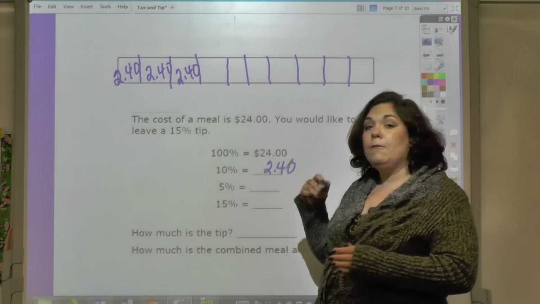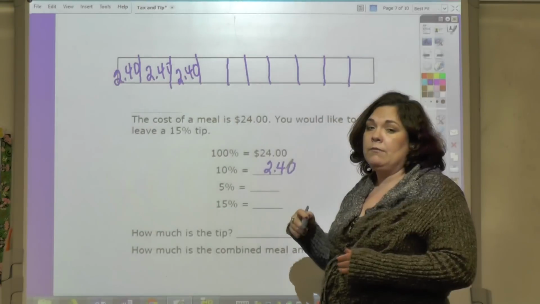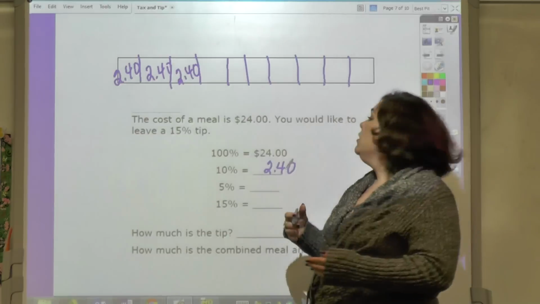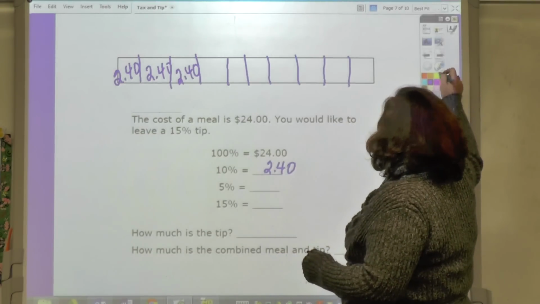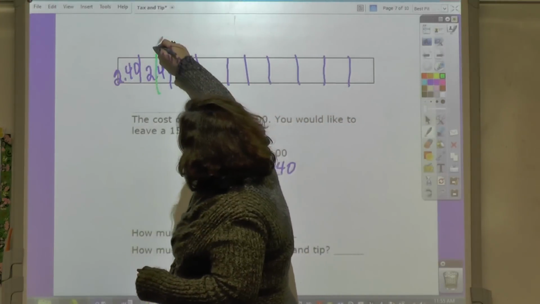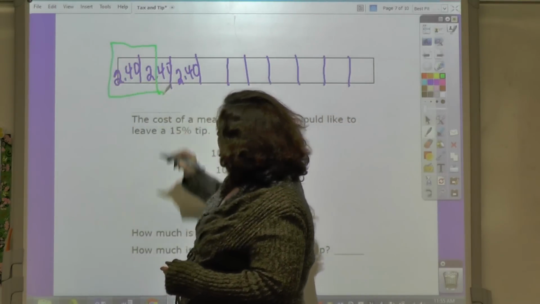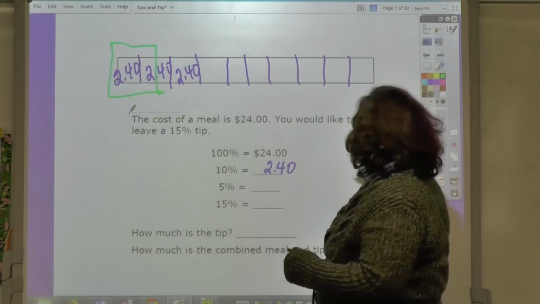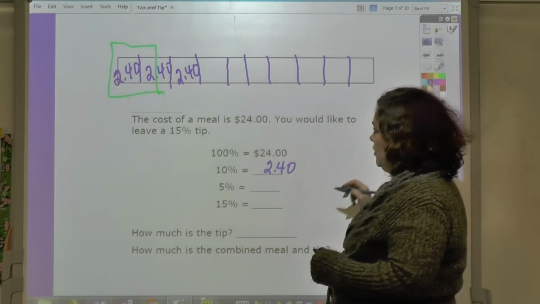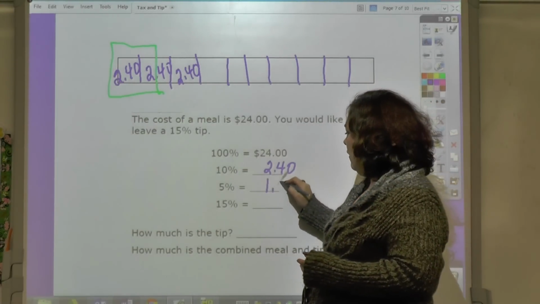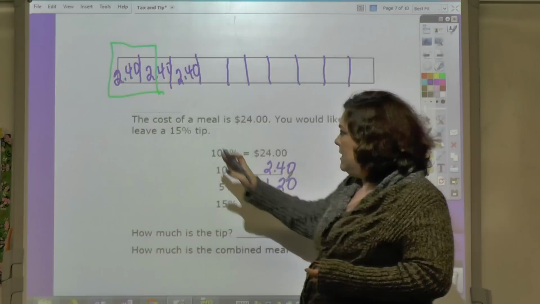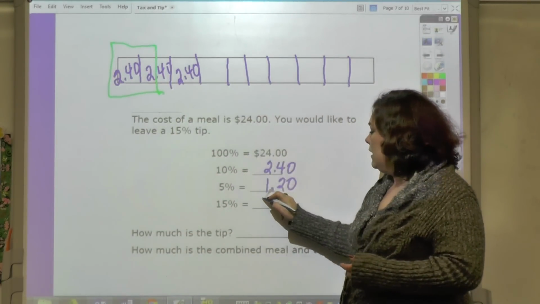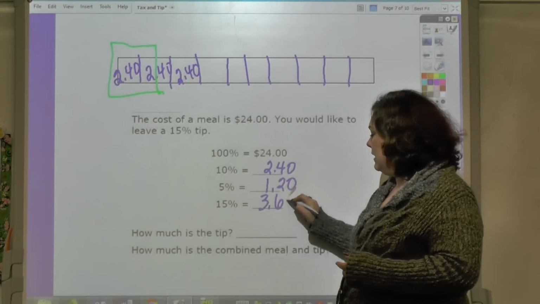But then I need another 5%. Now, what's the relationship between 5 and 10? It's half. So I want to take half of this amount, and so this is 5%, and so half of 240 would be $1.20. So I'm taking half of this next bar amount. So the total is $3.60.